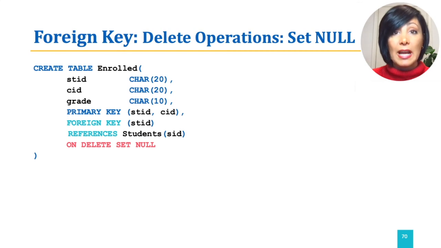To set null the values of all the entries that are referencing that attribute, we can use on delete set null. This will also break the reference by only removing the referencing value and not the referencing tuple.